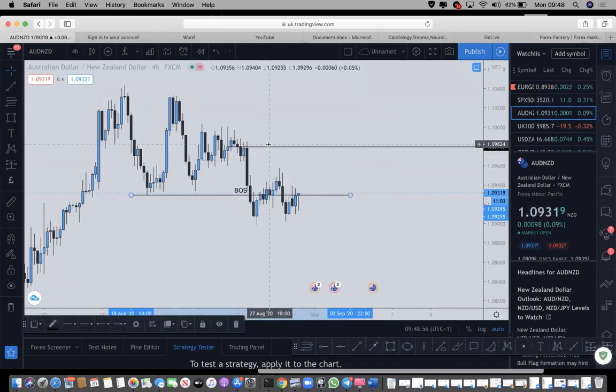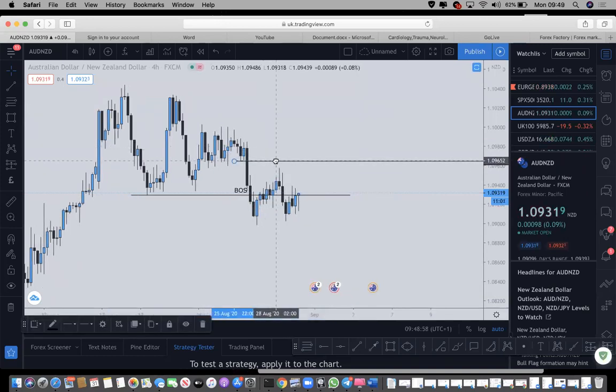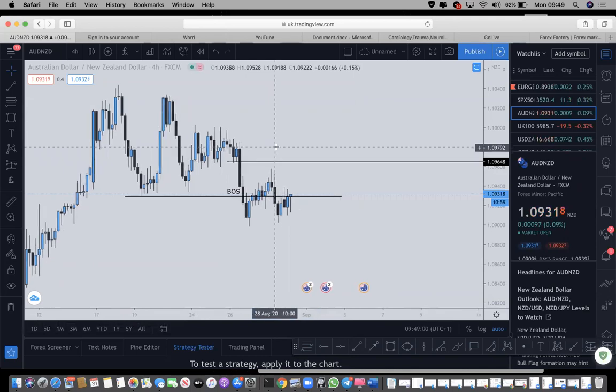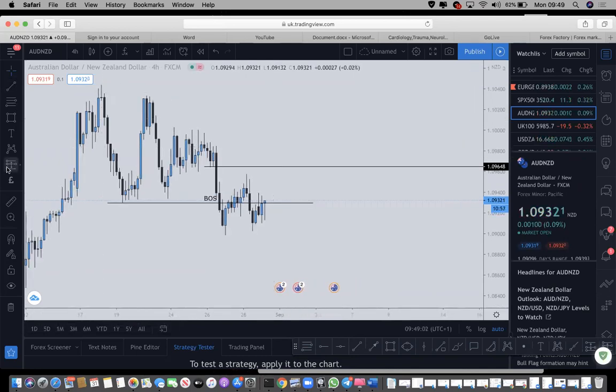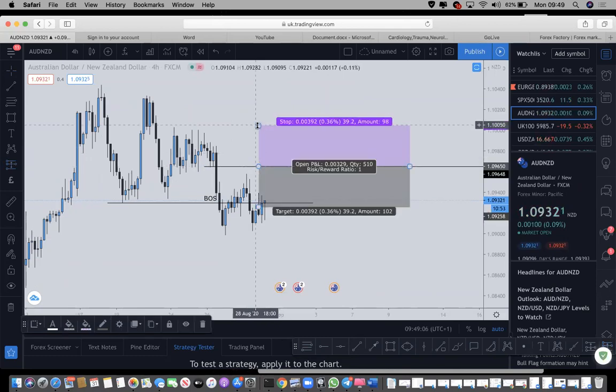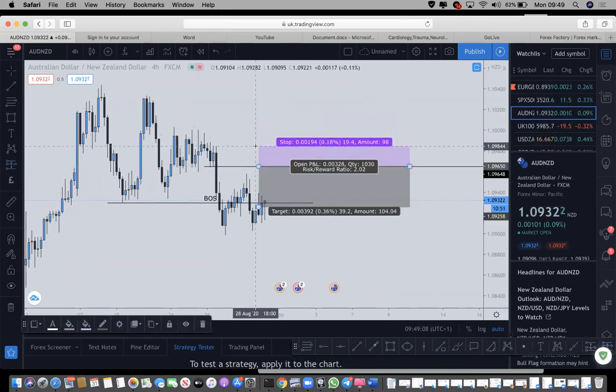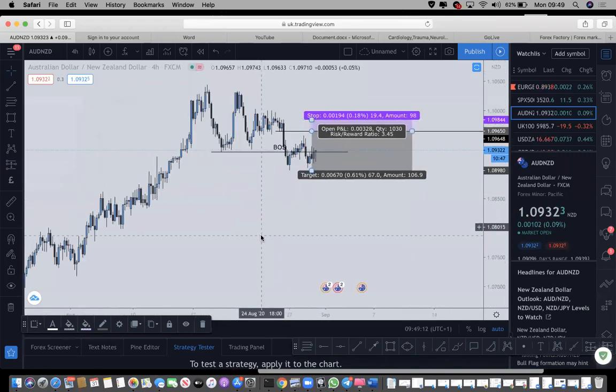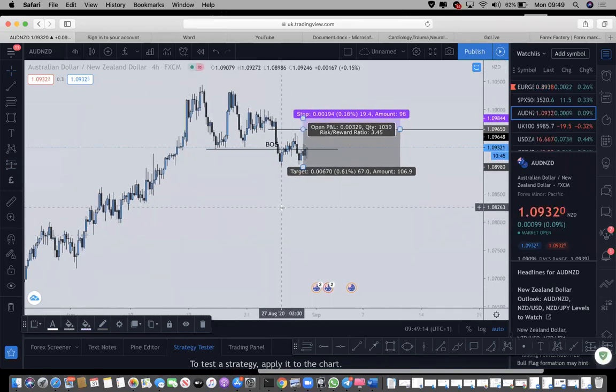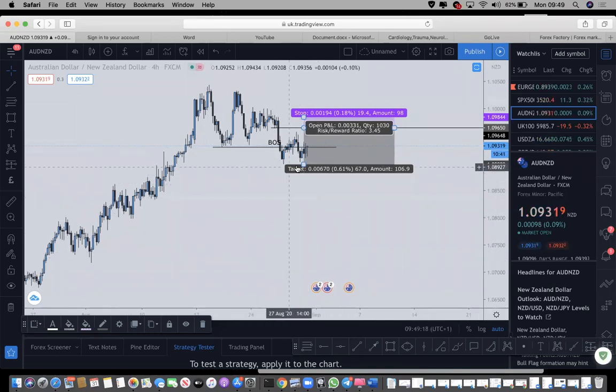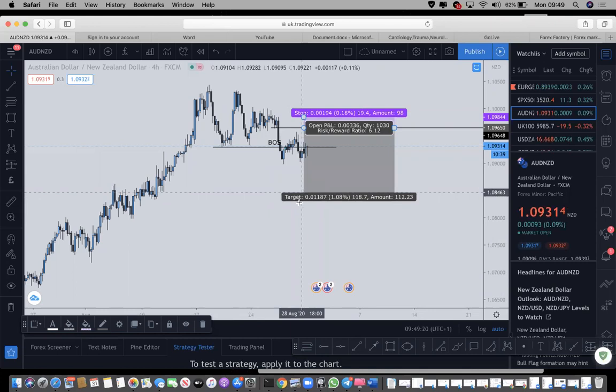So now I'm going to need price to mitigate this institutional candlestick from the 4-hour time frame. So this will be my setup right here. This is what I look for, with my first TP here, my second TP will be here.